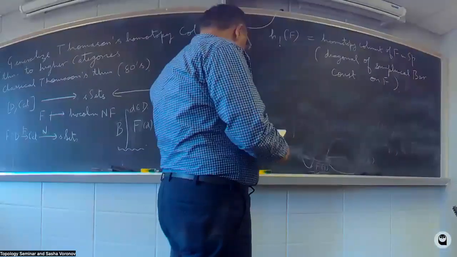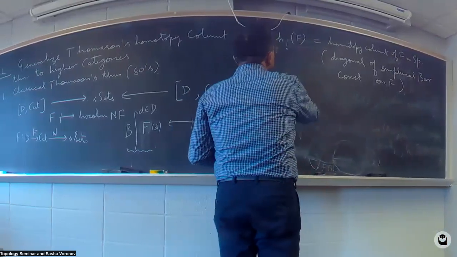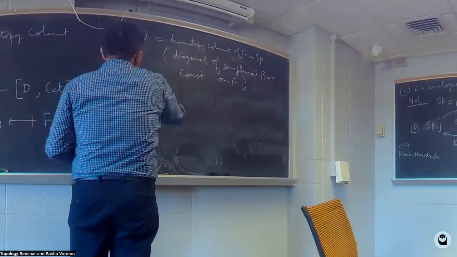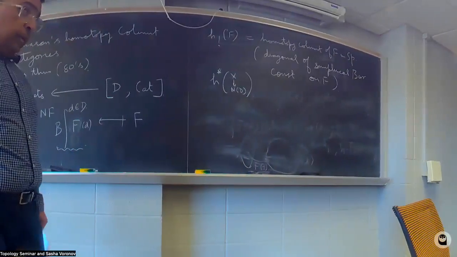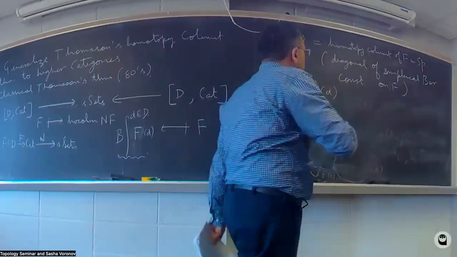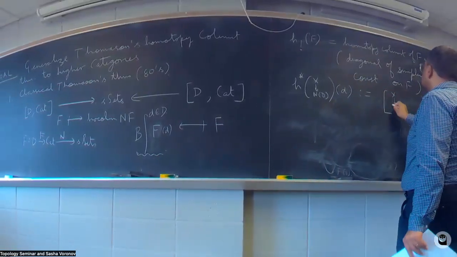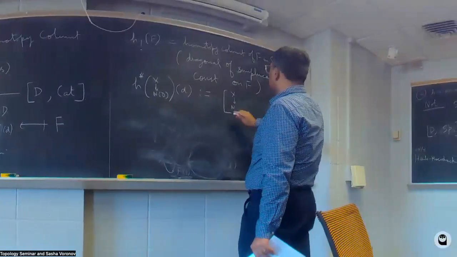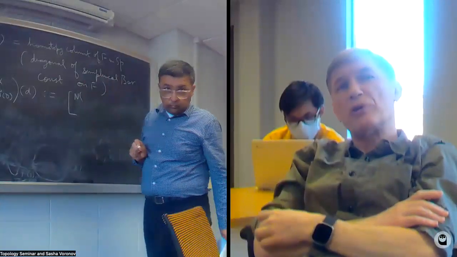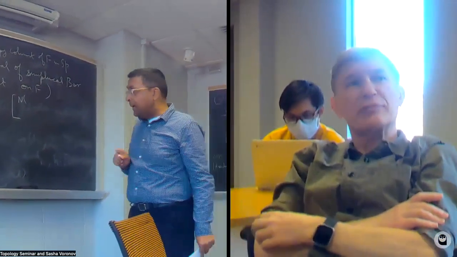Now, the right adjoint here is a functor from D into spaces. Its value on an object d is defined as the mapping space. The object d is the vertex of the corresponding simplicial set.